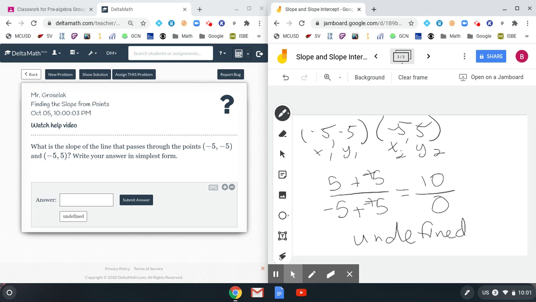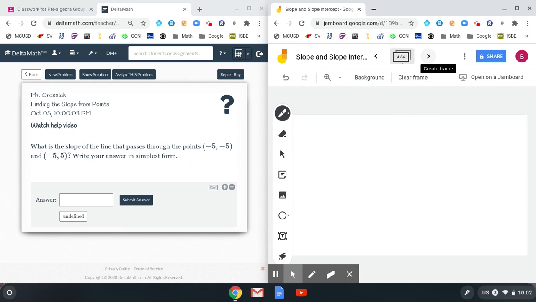And if you think about these 2 points on a graph, if I open up a new page here and I just draw a little graph, (-5, -5) is right here, and then (-5, +5) is up here. If I draw the line going through those 2 points, that's a vertical line.